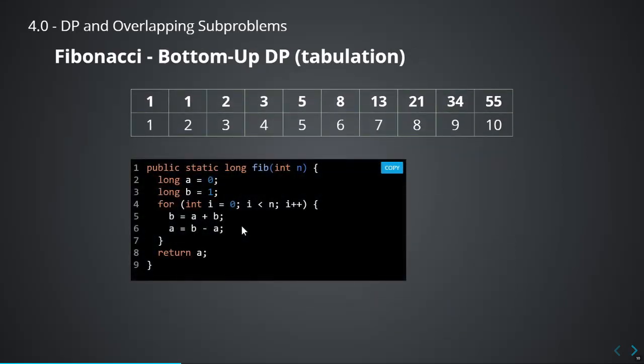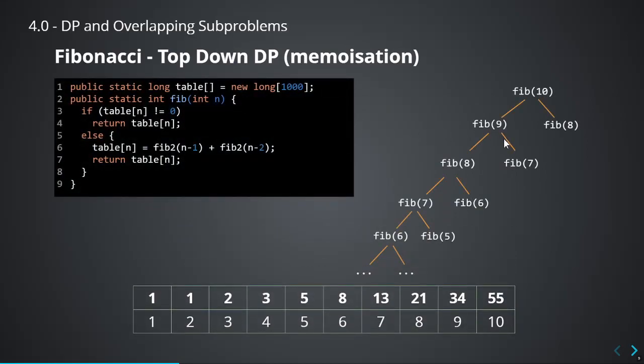So bottom up means that I will start from the beginning of the table. You see that if I'm doing top down, I'm going to start with n equal to 10, for example, the largest value. I keep on reducing it, and I'll try to fill up the table from the end, but I'll end up filling the table from the left anyway.